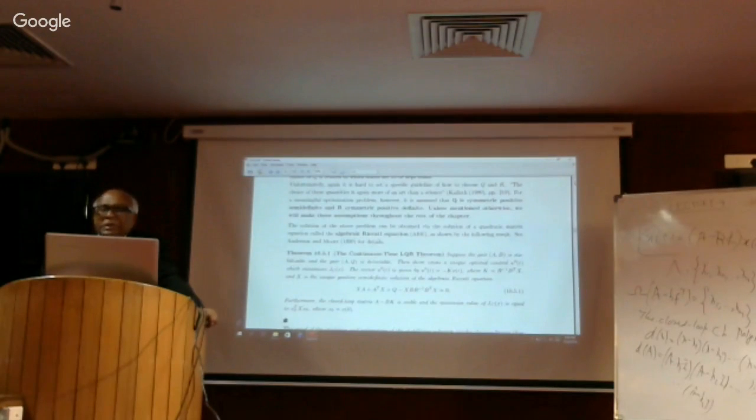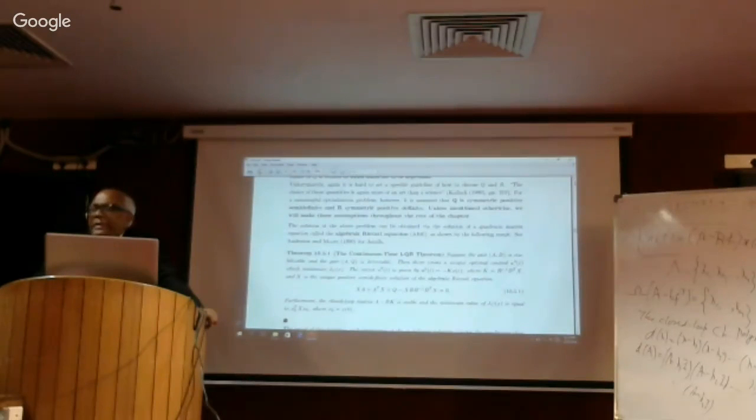Then there exists a unique optimal control, u0(t), that minimizes the quadratic cost function. And that unique optimal control is given by minus K, the feedback matrix, times the state vector x(t).